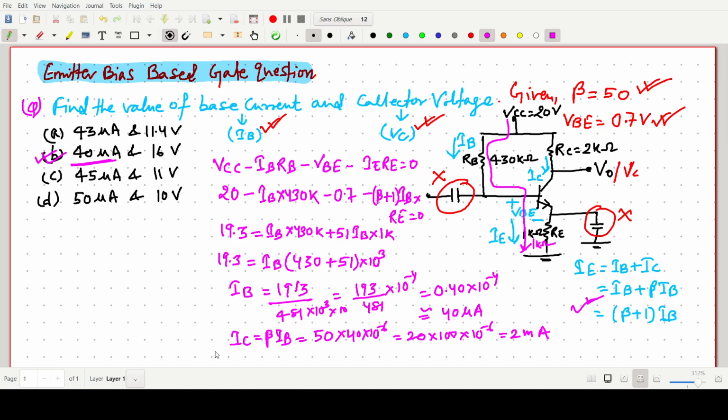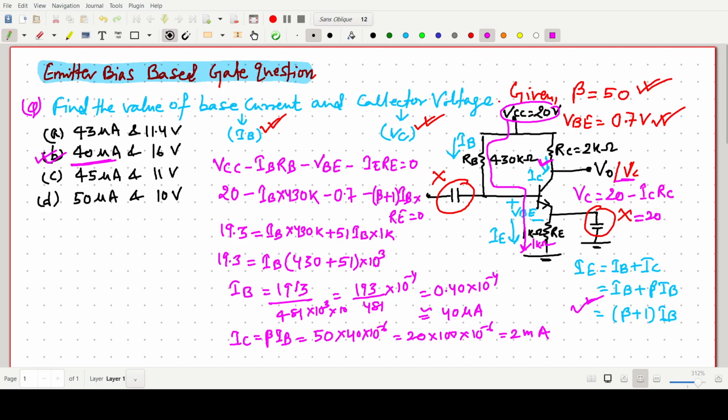Now that IC is known, we find VC. VC is simply 20 volt minus IC RC.